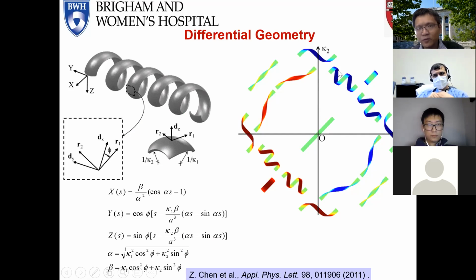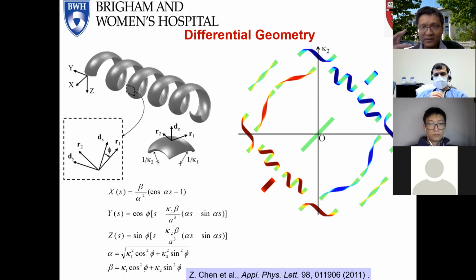But in general, they form a helical ribbon shape when kappa 1 does not equal kappa 2. And when kappa 1 is equal to negative kappa 2, it forms a purely twisted ribbon. So just by tuning these geometric parameters, you can get all these shapes.